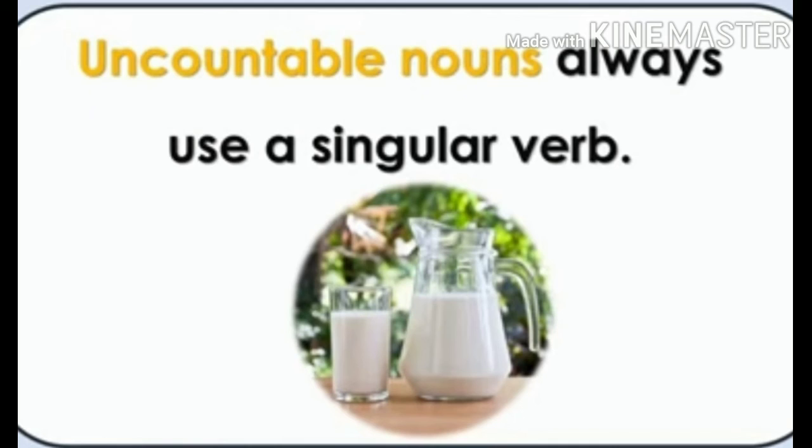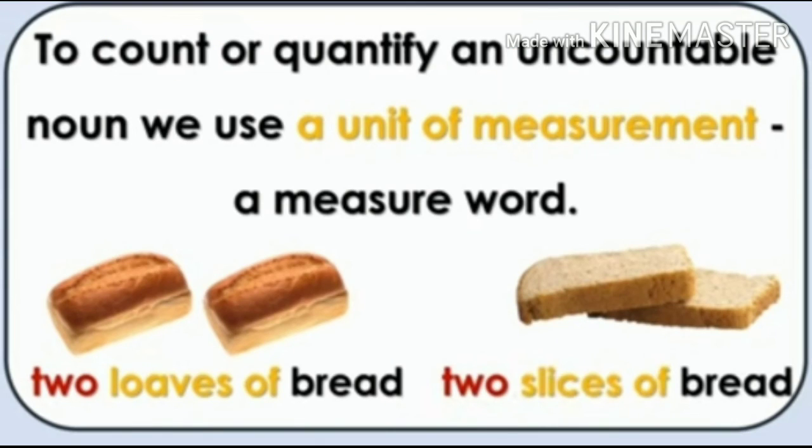Now you have to see the example, or you have to see more information. To count or quantify an uncountable noun, we use a unit of measurement or a measure word, like 2 loaves of bread, 2 slices of bread.